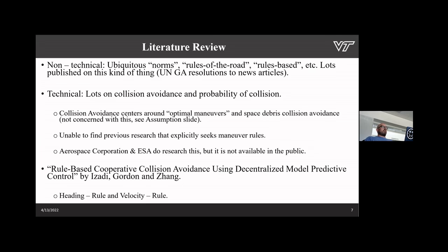But as far as I can tell, there hasn't been a whole lot of actual research done on it. I have found one paper, at the bottom, Rule-Based Cooperative Collision Avoidance Using Decentralized Model Predictive Control, that looks at it generally.